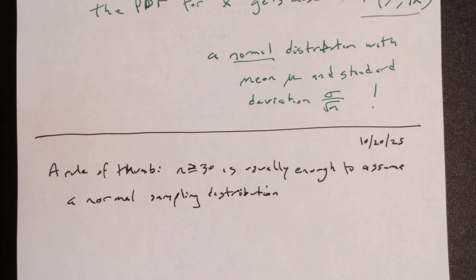If I have less than 30, I'll need to adjust what I'm really looking at. It won't truly look like a normal distribution, so I'll need to fake it a little. But a rule of thumb is that if I have a sample size bigger than or equal to 30, it's good enough to assume that my mean has a normal distribution.